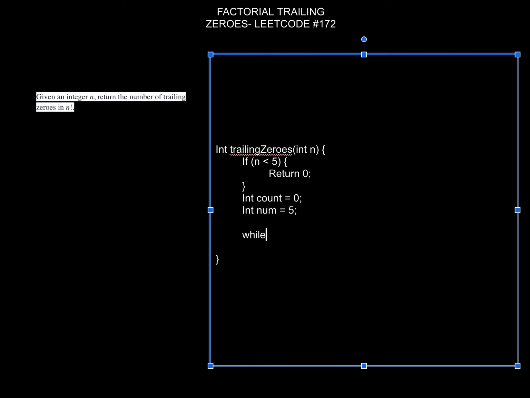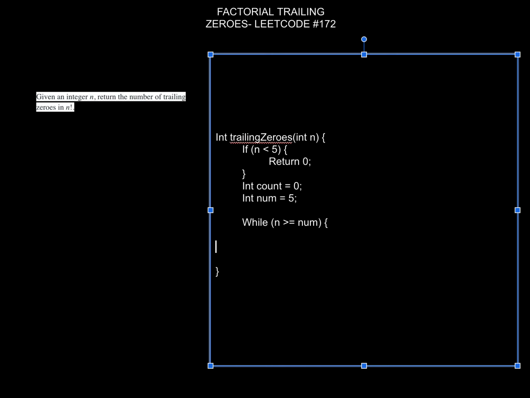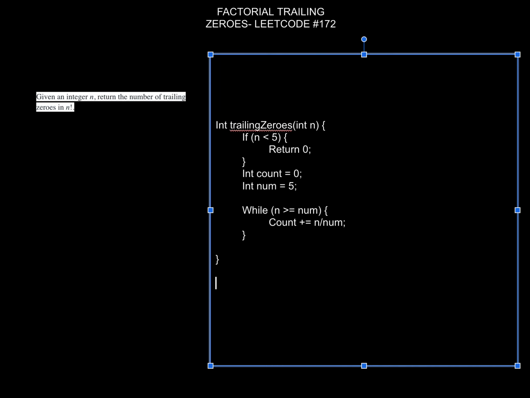So while n is greater than or equal to num, we could go count plus equal to n over num. So this essentially finds out the factors, like where I explained, where we go n over 5 and we keep track of those factors.